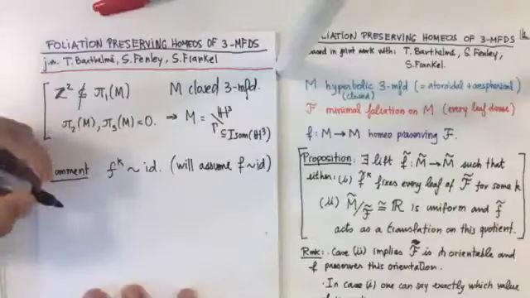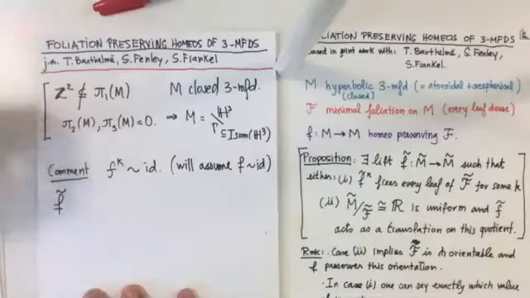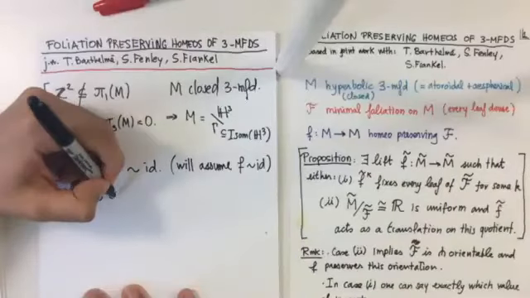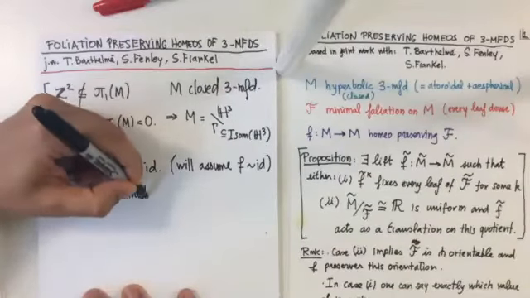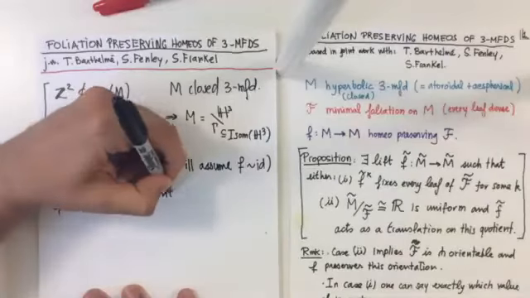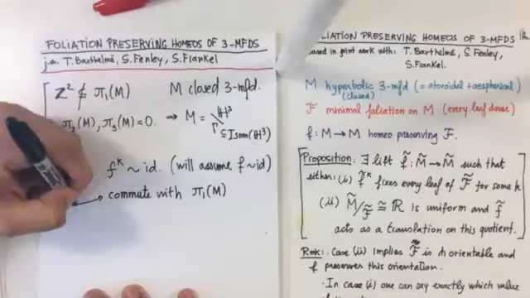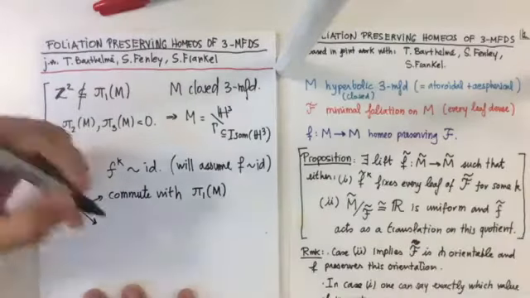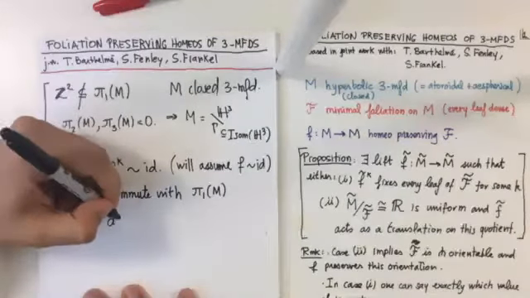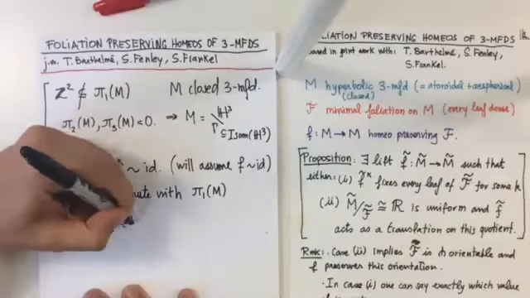So the lift in the proposition, F tilde, will have two properties. It will commute with deck transformations, and it will be bounded distance from the identity.